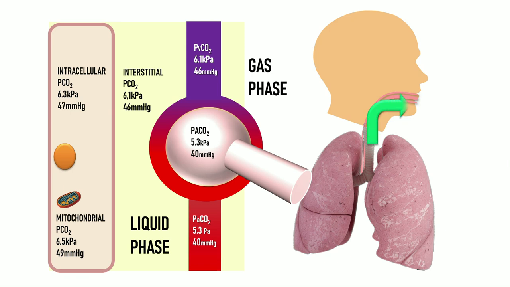The end expired or end tidal CO2, as I'll discuss in a minute, is 5.2 kilopascals or 39 millimeters of mercury. So you can see that the tissues are literally soaked with carbon dioxide, and there is only a tiny partial pressure gradient between the interstitial space and the venous space, with a little drop on the arterial side due to alveolar ventilation.